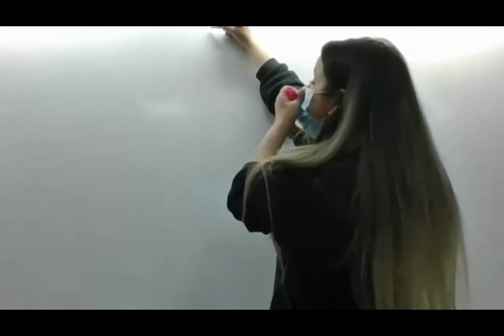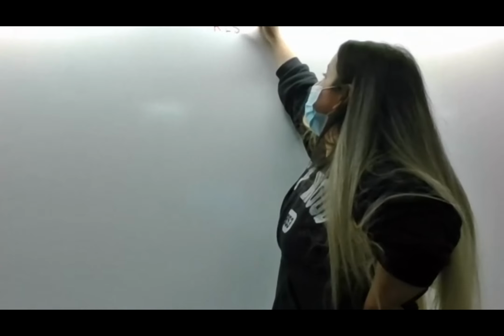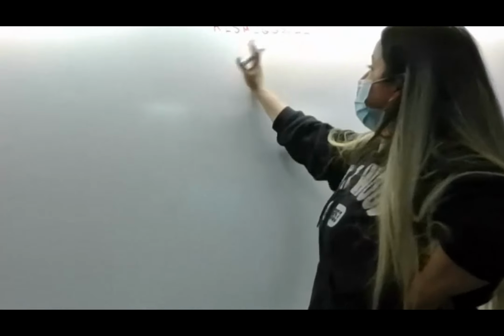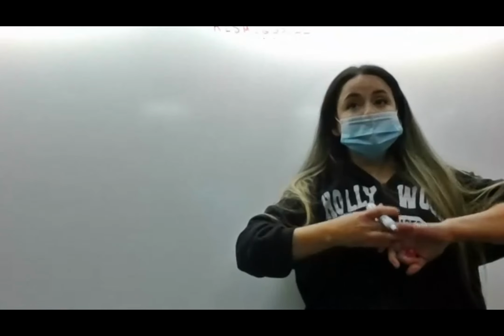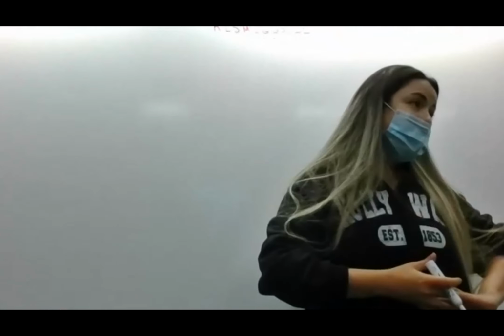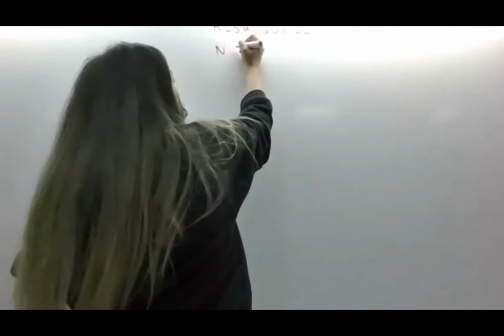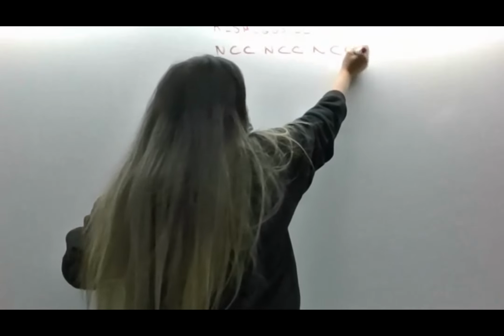It's just an enzyme. And if you guys remember, when you have a polypeptide, you can have a bunch of amino acids. And what do amino acids do? They hold hands, and wherever they're holding hands, that's a peptide bond. So it's NCC, NCC, NCC.